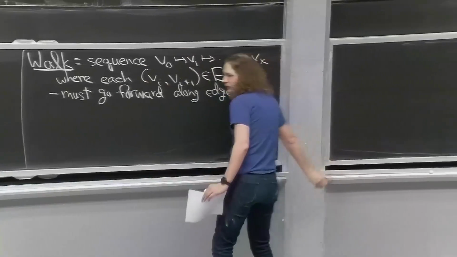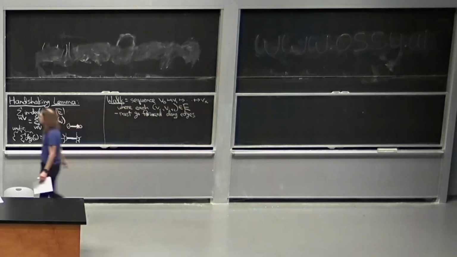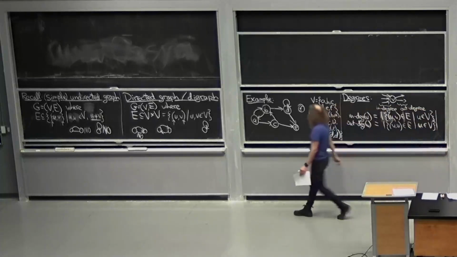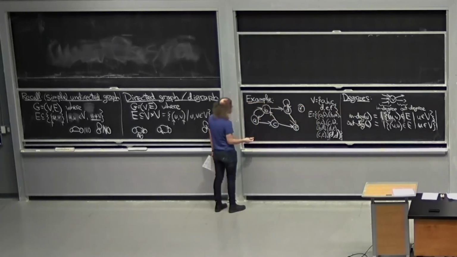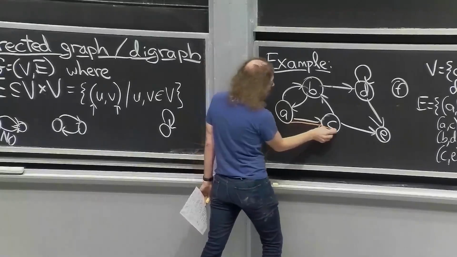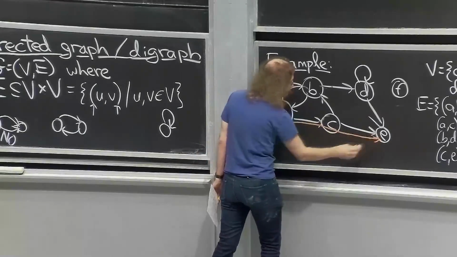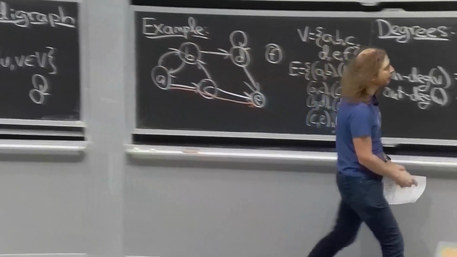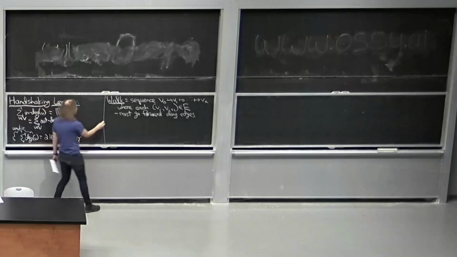So for example, in this graph, we could start at A and go to C and then go to E. That would be an example of not just a walk, but a path, which has no repeated vertices or edges.